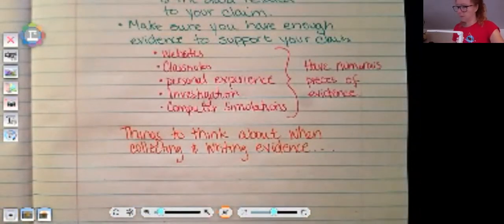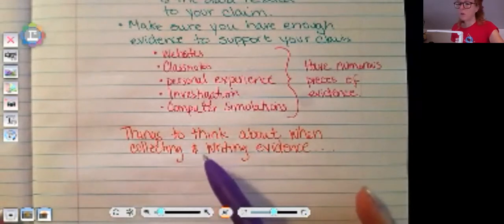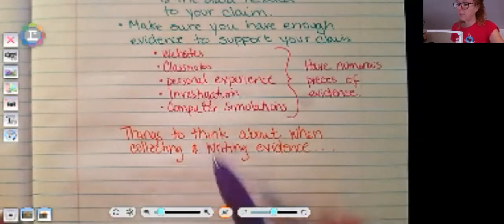So think about, is each piece of evidence relevant and is it related to the claim?